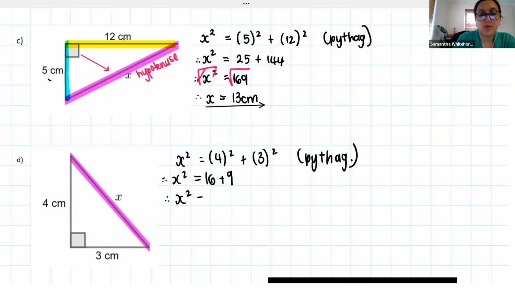We don't want x squared, we want just x, so we need to go and square root both sides, and we get that x is equal to 5 centimeters. Please remember your centimeters. All right, so Pythag, nothing too stressful. We're substituting in. We just have to remember to do the square root, and we're able to get the side length of our triangle.